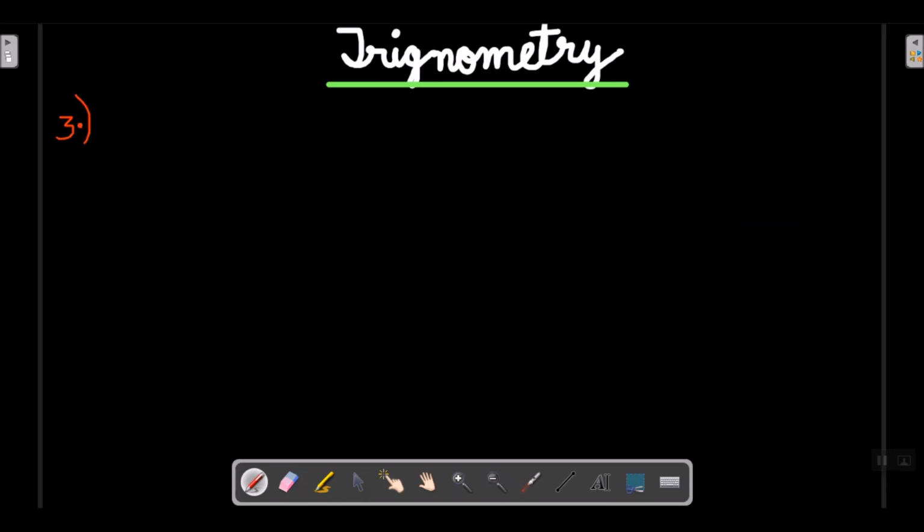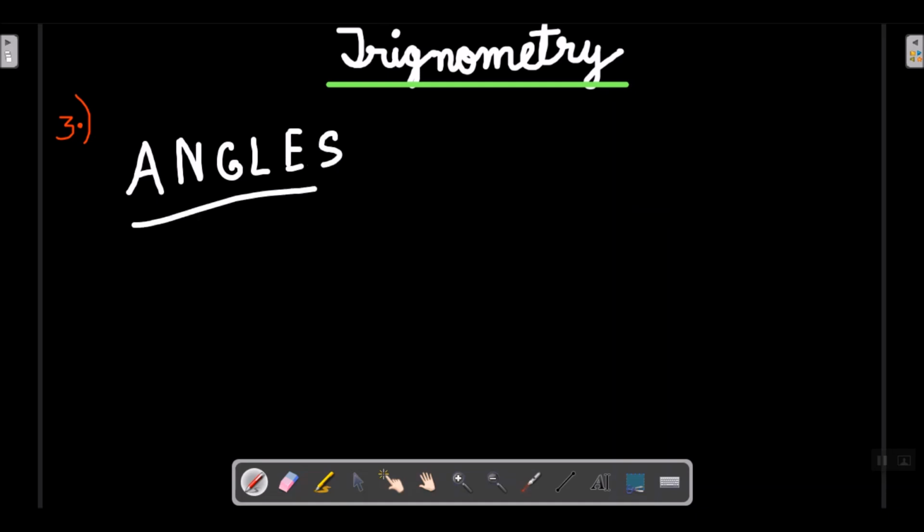Yeah. So if I write in bold, angles. So angles could be divided into three parts.